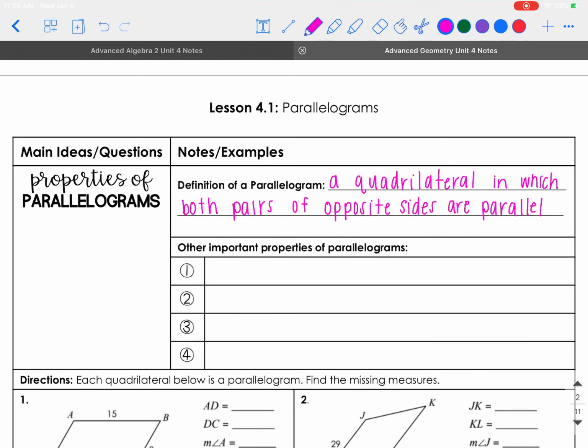And there's some other important things about a parallelogram. So first of all, opposite sides are congruent. So not only are they parallel, they're also congruent. Opposite angles are congruent.